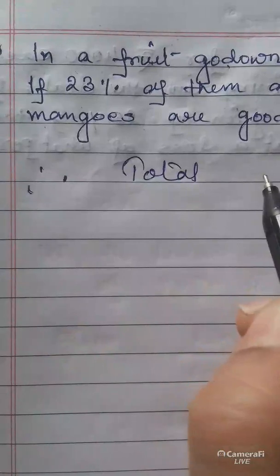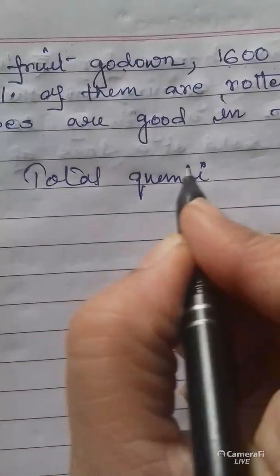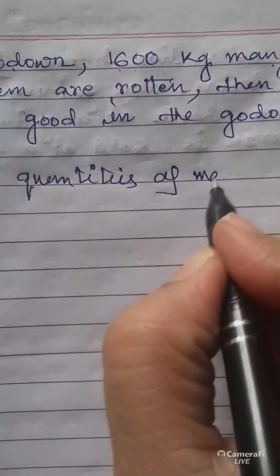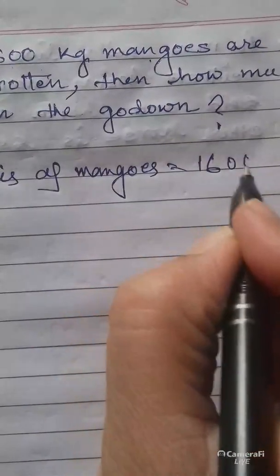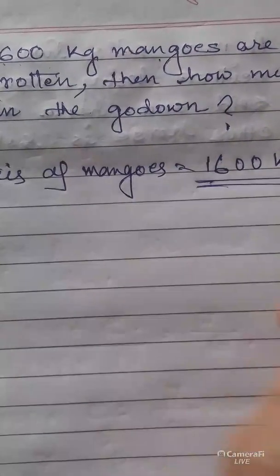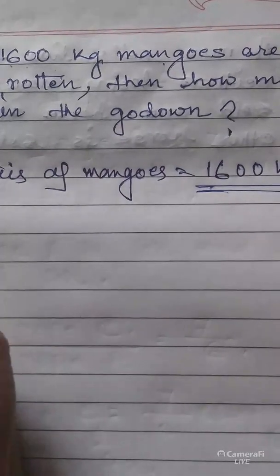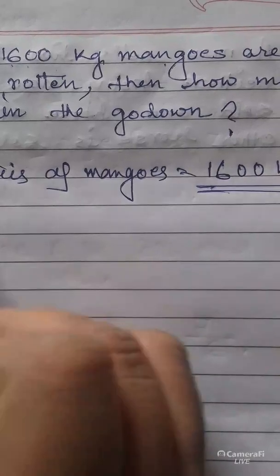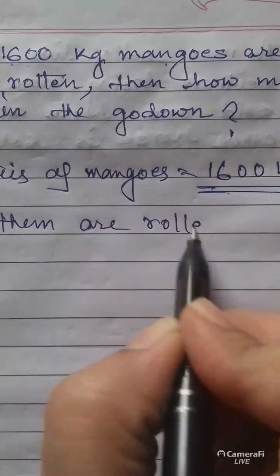Total quantity of mangoes equals 1600 kilogram, and 23% of them are rotten.